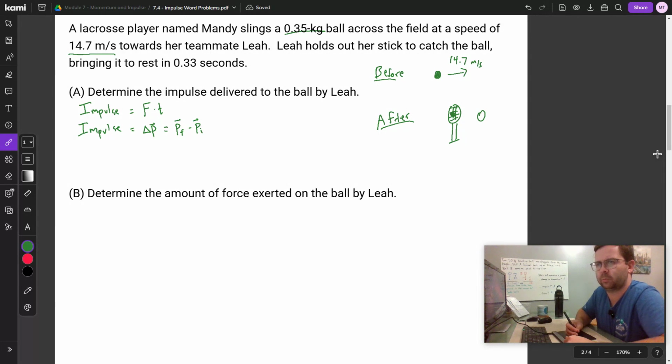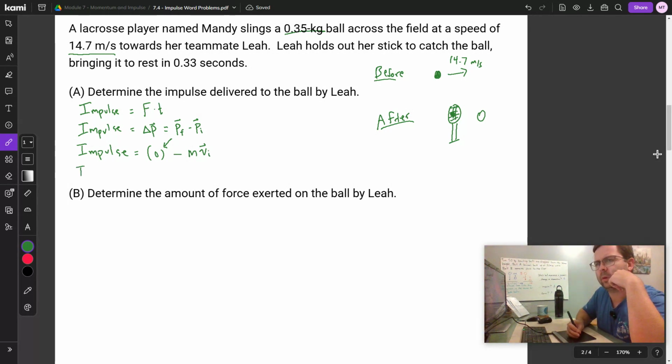So let's just go ahead and work this out. So the impulse will equal the final momentum, which will be 0, minus the initial momentum, which will be the mass of the ball times the initial velocity.